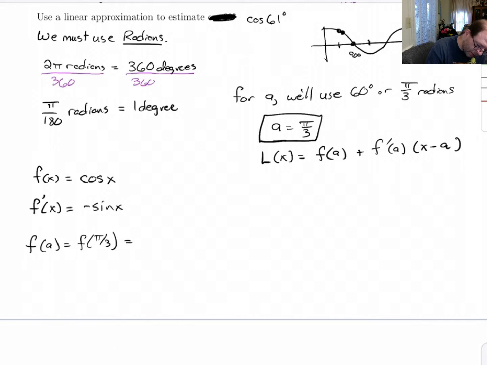That's cosine pi over 3, which is 1/2. And f prime of A, that's f prime of pi over 3, which is minus sine of pi over 3. So that's minus root 3 over 2.